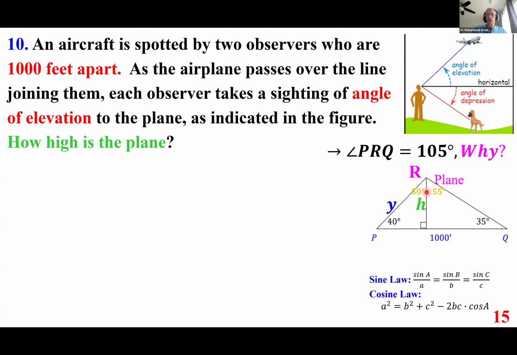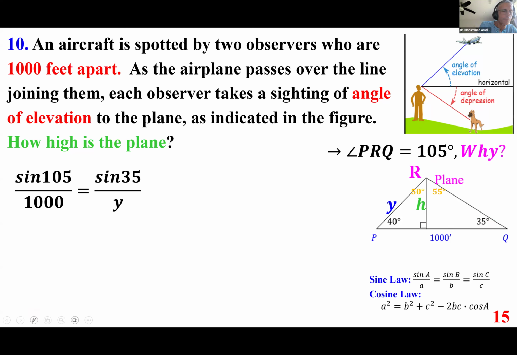So sine of 105 over 1,000 is, you want the y, so sine of 35 over y, cross product, means if you multiply these two, divide by this one, it is y.